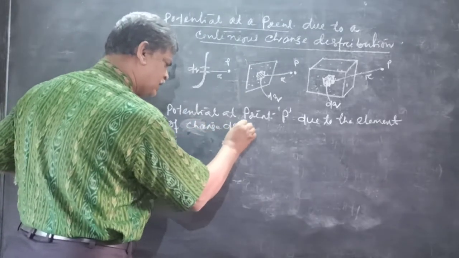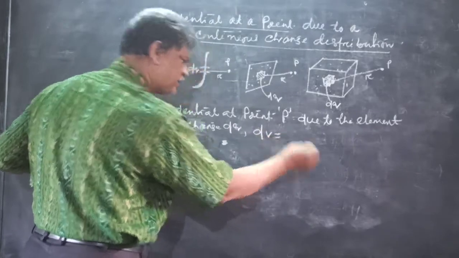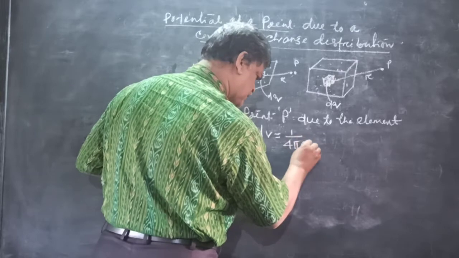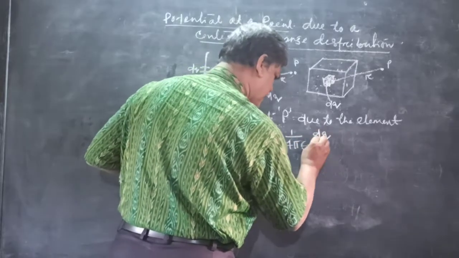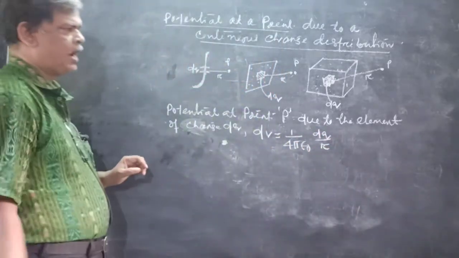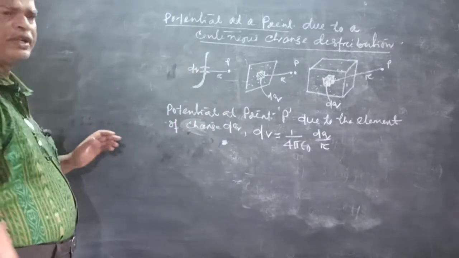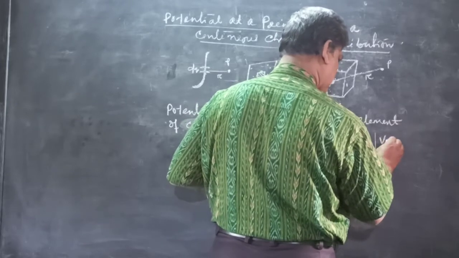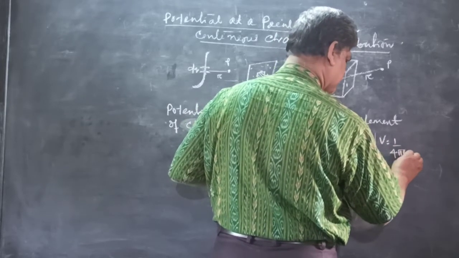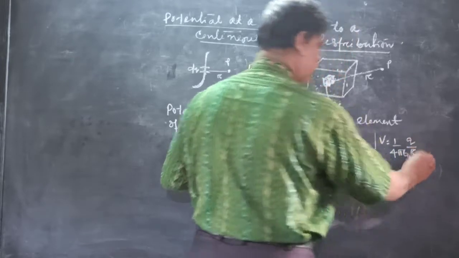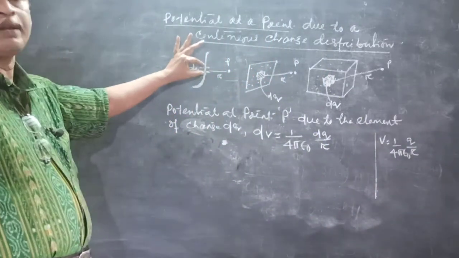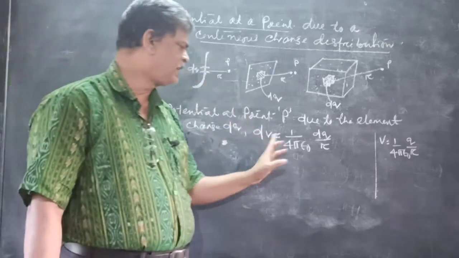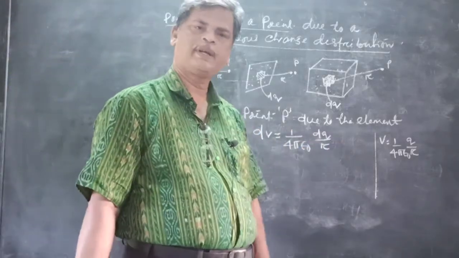Clear? Then dv is equal to 1 by 4 pi epsilon 0 dq by r. We know the potential at a point due to a point charge is 1 by 4 pi epsilon 0 q by r. Here this element is considered a point charge whose charge is dq. So dv is equal to 1 by 4 pi epsilon 0 dq by r.